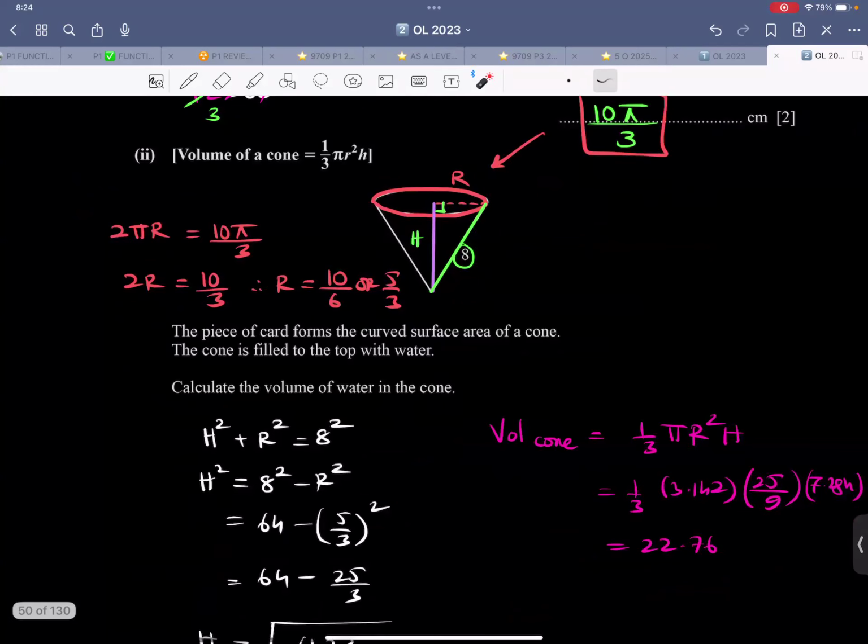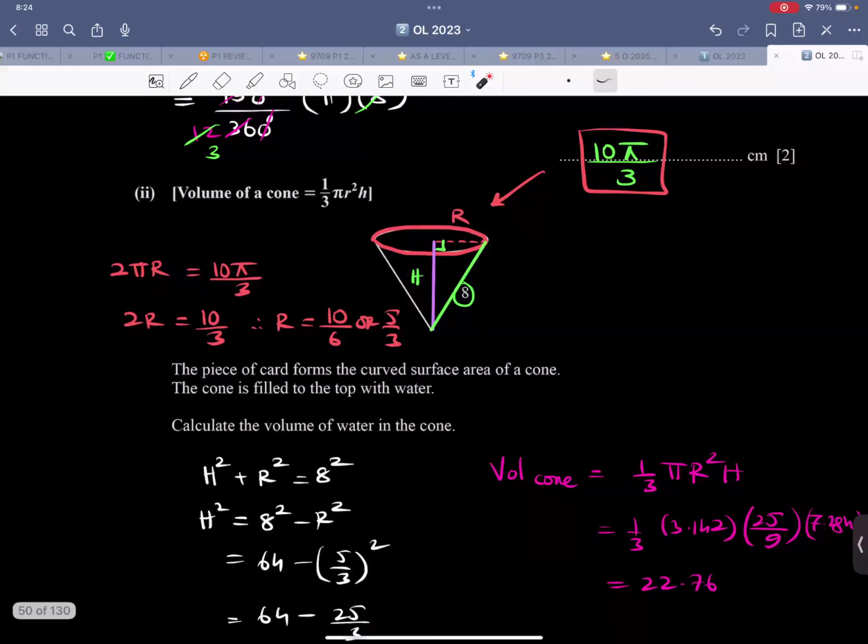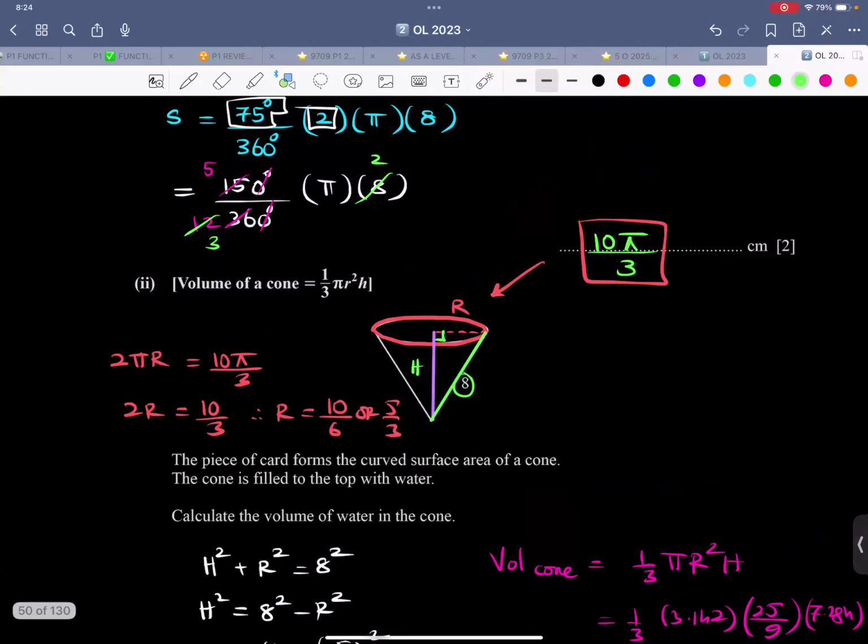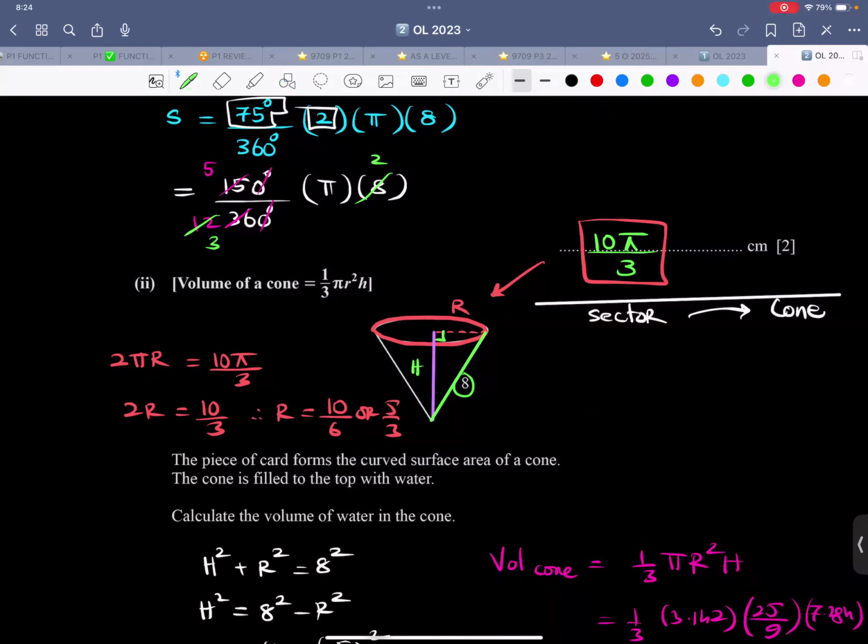Now, let me write one thing which is not written over here. Let me grab a pen. If we are talking about a sector and it's becoming a cone, what about the radius of the sector? That becomes the slant height of the cone.